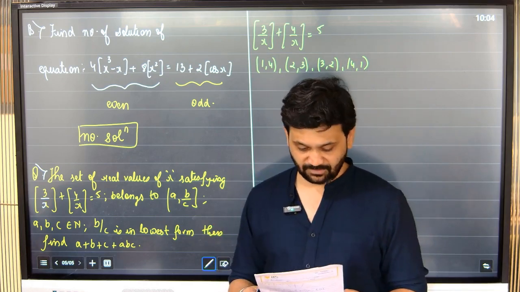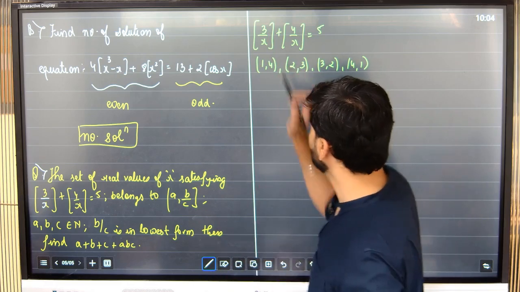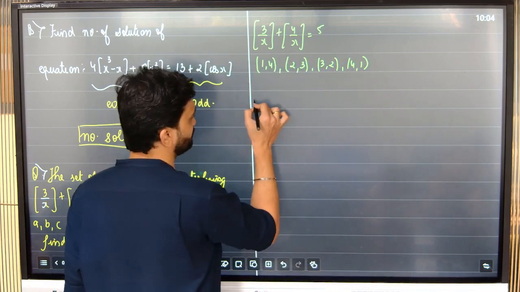What is the first term that we have written, guys? 3/x. Let's start with the first one. Okay, let's take the first part.